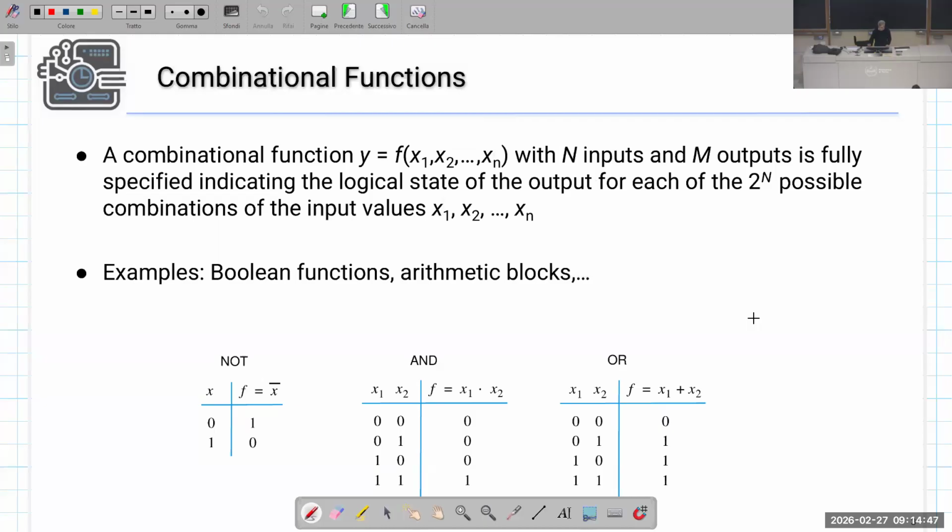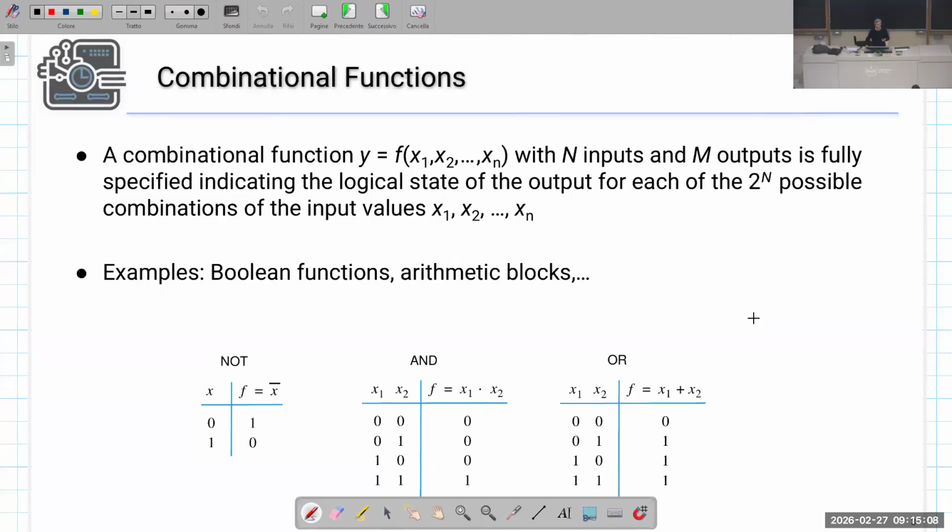So a combinational function, actually, how can we specify? We have already defined a combinational function. How can we express and specify the behavior of a combinational function compared to another?